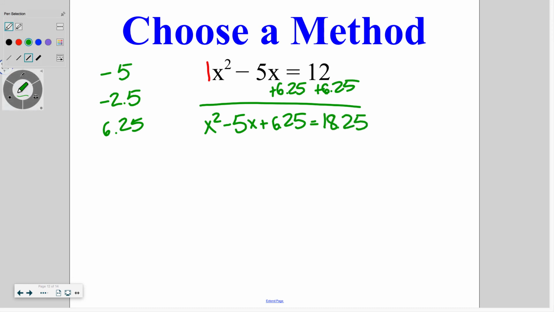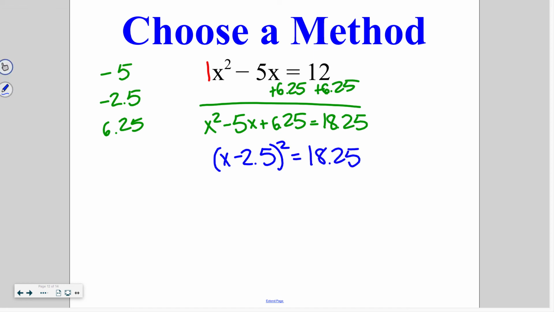Factoring that down, I'm going to end up with x minus 2.5 squared is equal to 18.25. I then need to take the square root of both of those sides.